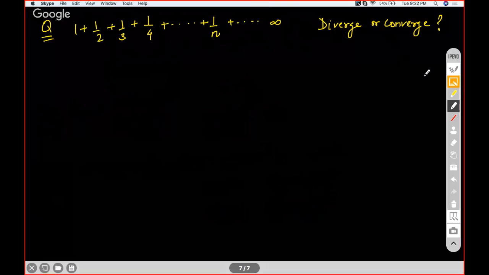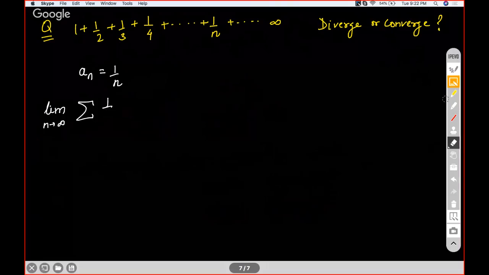In this case, a_n is 1 by n, and the summation of 1 upon n from n equal to 1 to k will be a finite value, right?